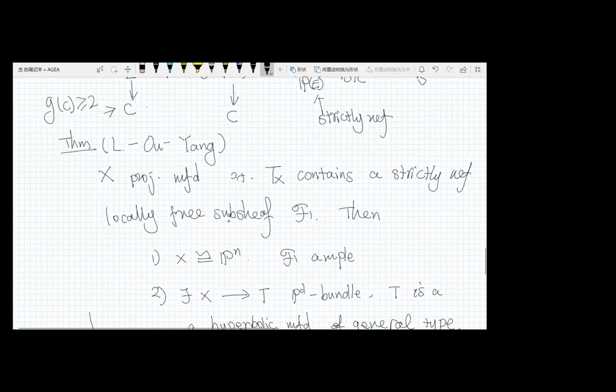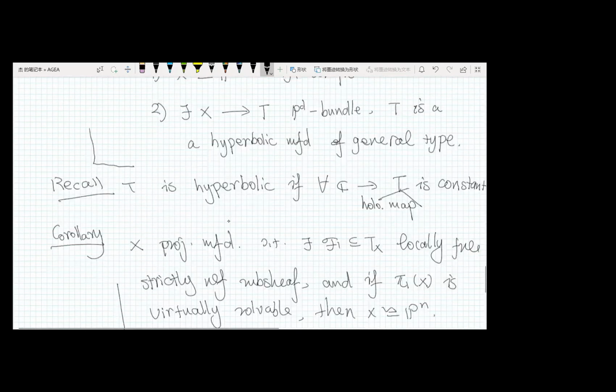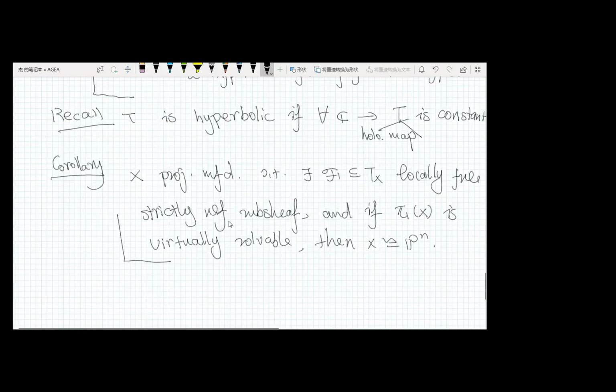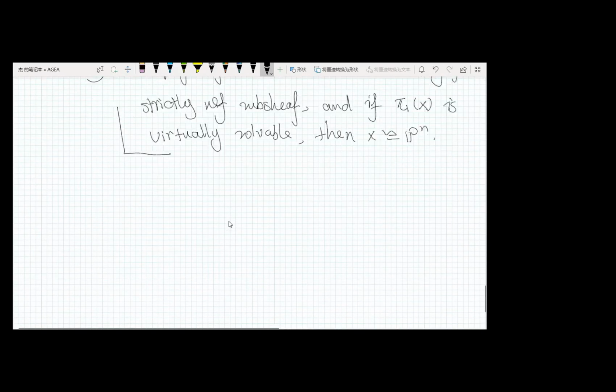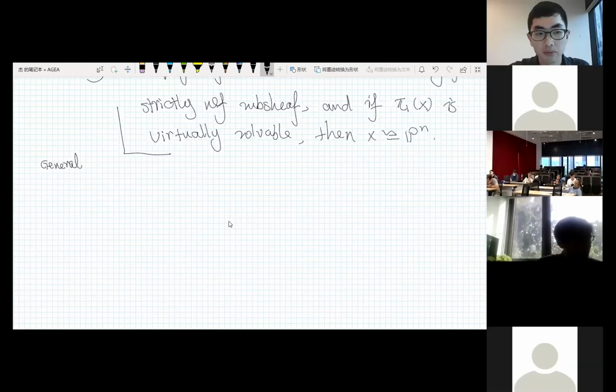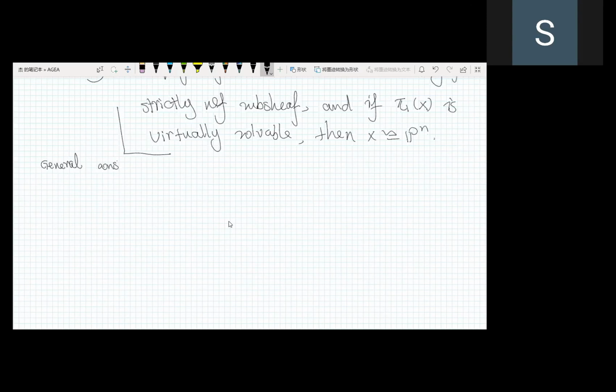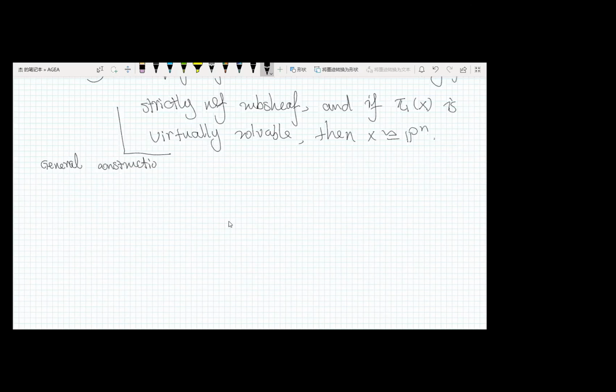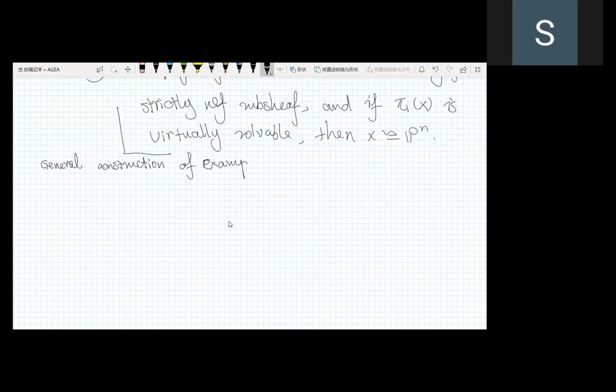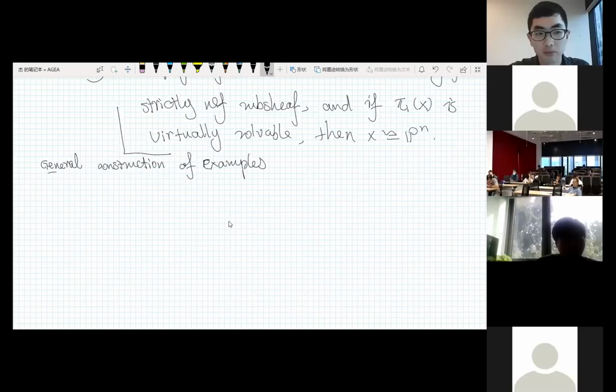Okay, so let me start with a general construction of examples satisfying our theorem.